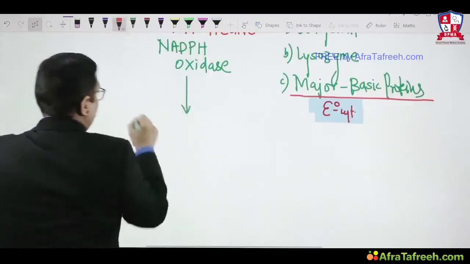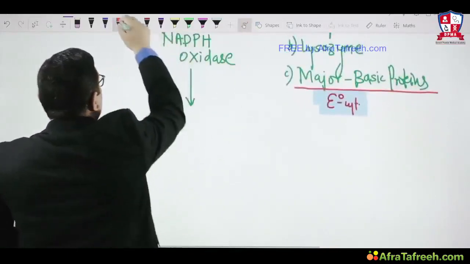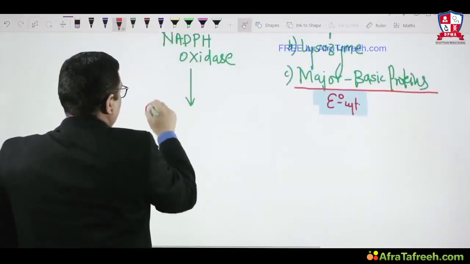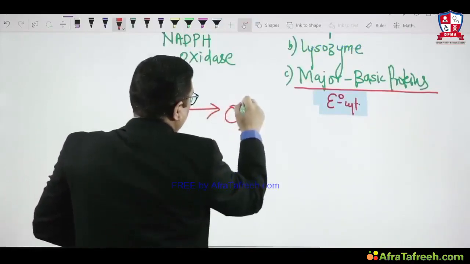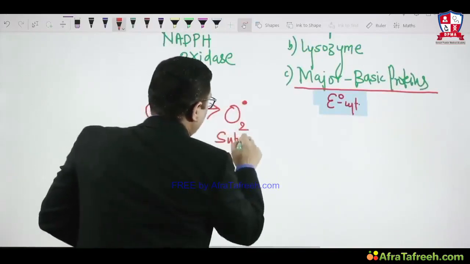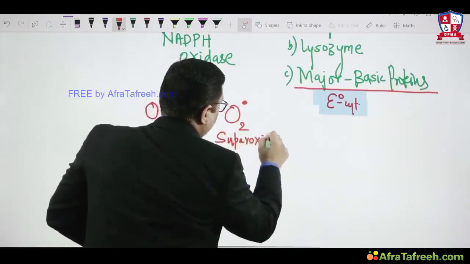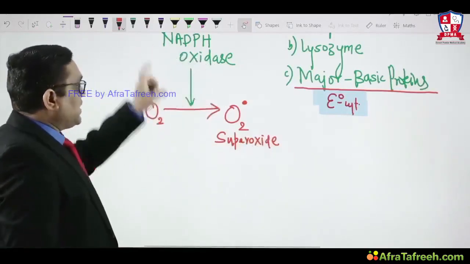See this, what are they going to do? They are going to convert oxygen into superoxide free radical. So this superoxide free radical is formed by NADPH oxidase.